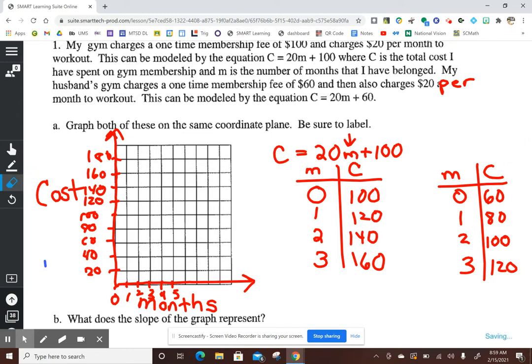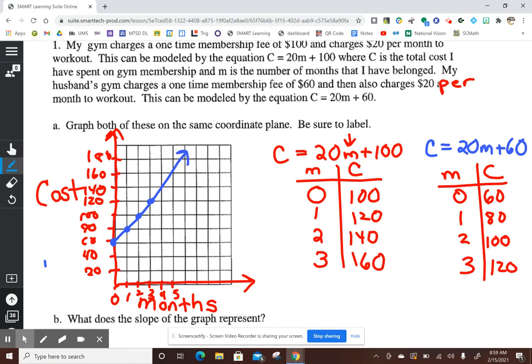Let me erase that for a second. And I'm going to put this in blue. So when I graph that one, that will be in blue. So let me start with that one. So that starts at 0, 60, and this goes on.